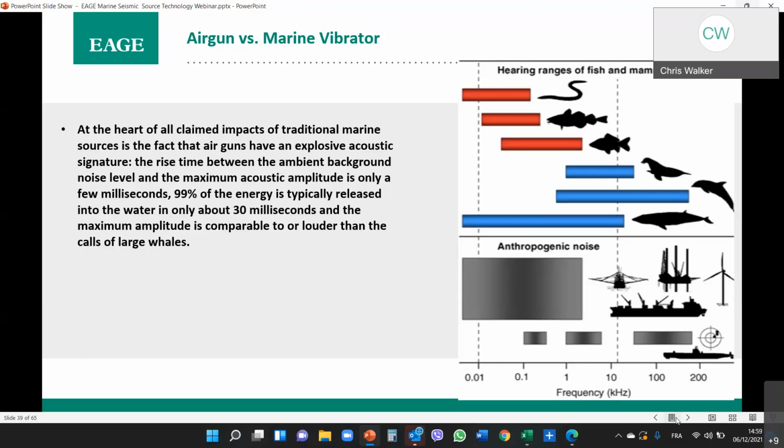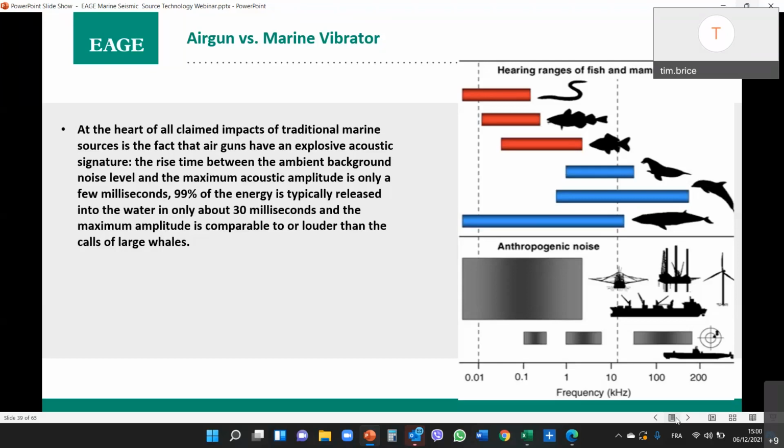Yeah, one of the big benefits with a marine vibrator is that with an airgun, typically we have a surplus of energy in the mid frequencies. In the 10 to 50 hertz band, we have this surplus of energy, but it drops off at the low and high frequency ends. With a marine vibrator, you can have much more precise control over that output.